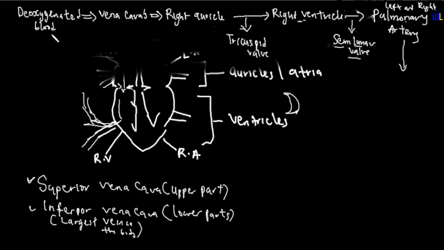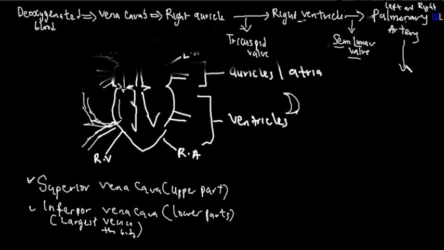So generally speaking, most of your arteries in your body will carry oxygenated blood, but the only artery that carries deoxygenated blood is the pulmonary artery. Can I continue?